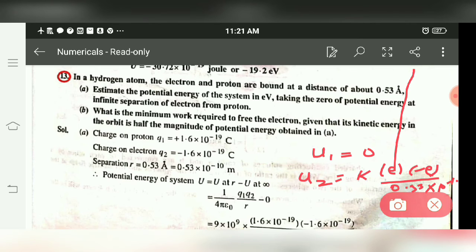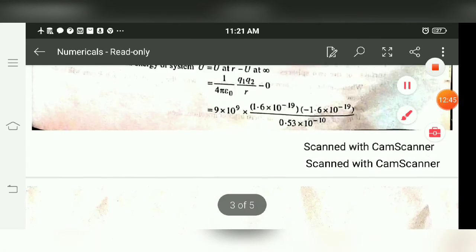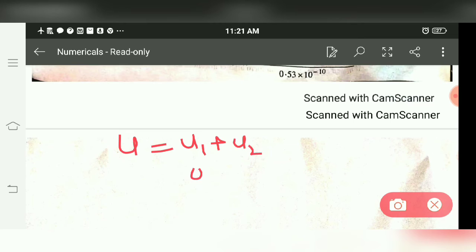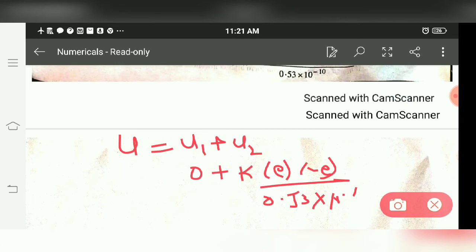By solving, this is U2, and total U is equal to U1 plus U2. U1 is 0, U2 is k times e into minus e over 0.53 into 10 raised to power minus 10.